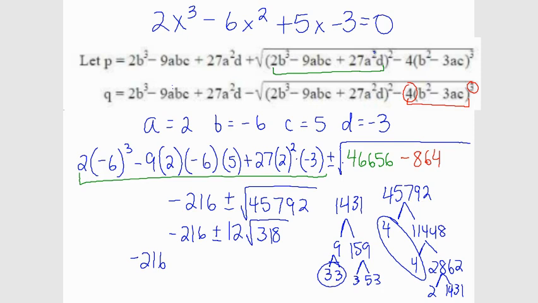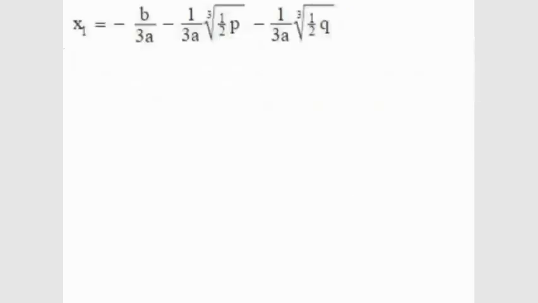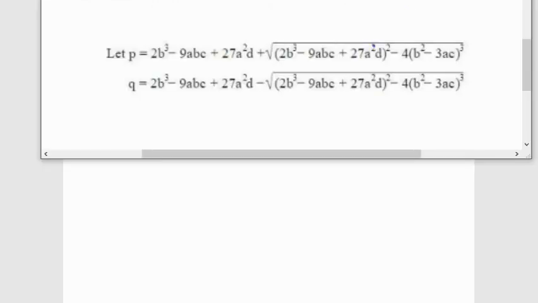So P would be equal to negative 216 plus or minus 12 root 318. And, well, I wrote P and Q down. So P comma Q.